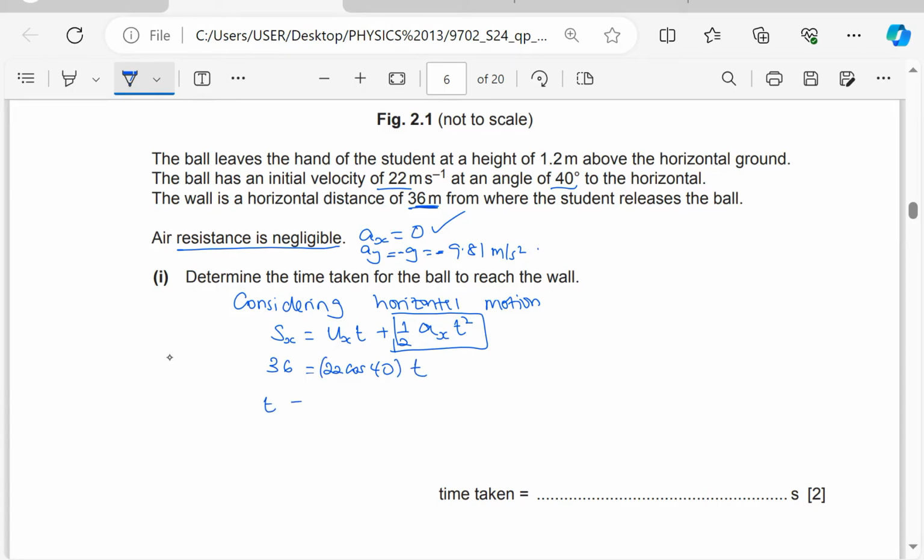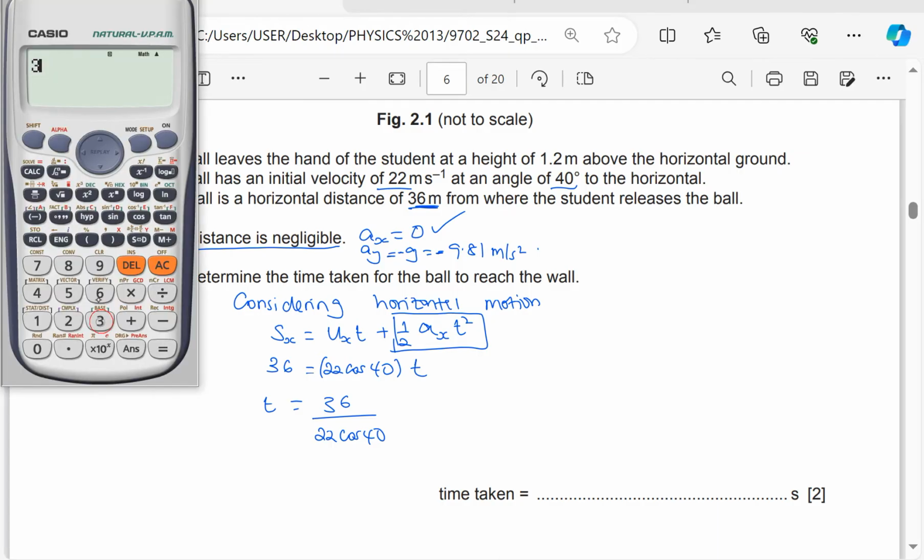So it means t is going to be 36 divided by 22 cos of 40. So this is giving me 2.14.